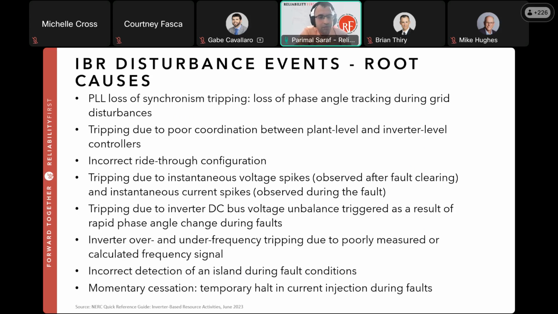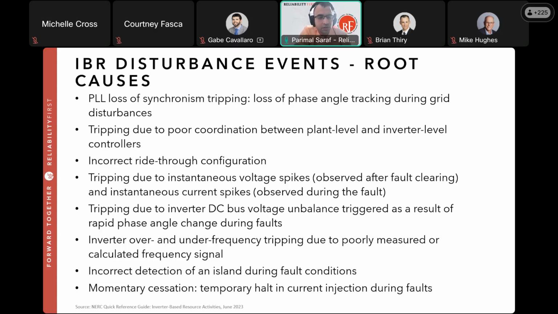And in a lot of these events, these controllers were too aggressive, meaning that they pushed in too much reactive power at some point and resulted in overvoltages and spikes, and these inverters or IBRs eventually tripping. A lot of these events were also caused by PLL losing synchronism. As I mentioned earlier, the PLL is a device that is used to synchronize these IBRs to the grid. Under disturbance conditions, a lot of times these PLLs lose synchronism, and that resulted in a lot of these IBRs tripping.